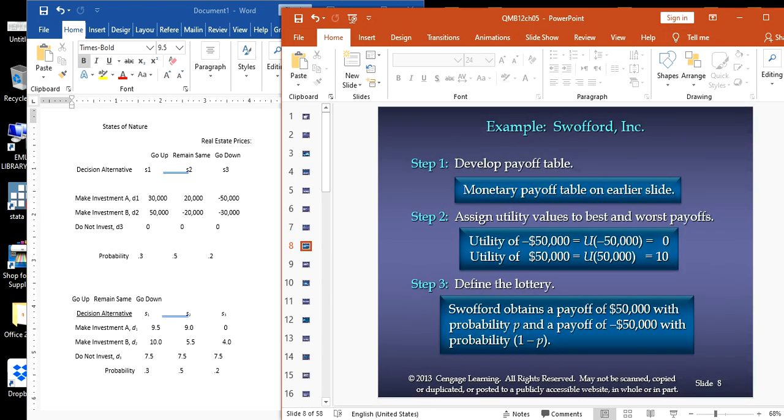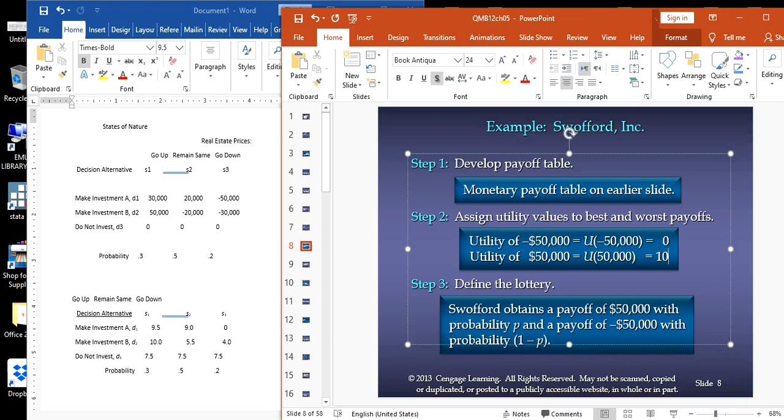Now it's applying these, and as we said, utility of monetary payoffs are here. Utility of minus 50,000 is, and so we rank them, the items over here, in terms of utility, 10 to 0.